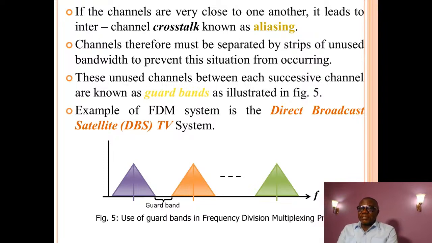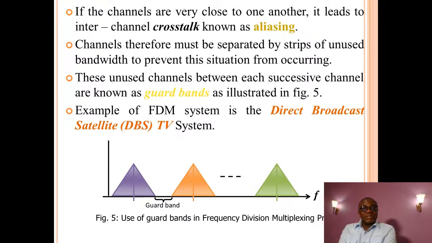Now, this aliasing, we are calling by another name, which is crosstalk. In communications engineering, yes, we pure communications people know what aliasing is, but the ordinary person that makes use of a communication system sees it as crosstalk.